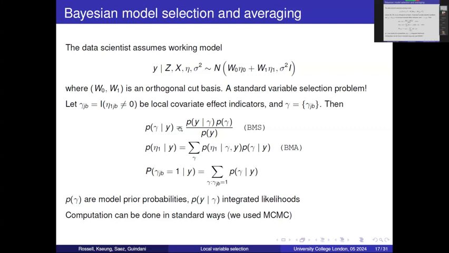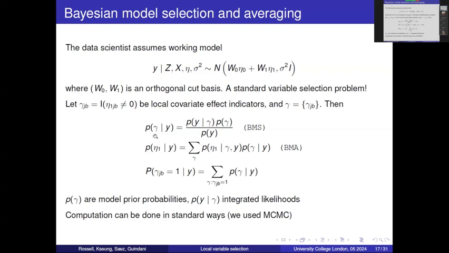We set up some priors on the models and the coefficients. This is not our main focus. For lack of time, I won't go into the details of these priors. They're standard things in the literature. So we took our standard stuff out of the box and applied it to this model.